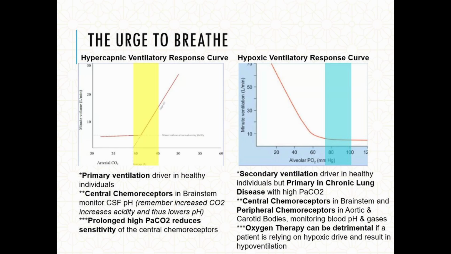Remember that when we have more carbon dioxide in the blood, it dissociates into hydrogen ions, so when we think of CO2 increasing in the blood, we think of increasing acidity, which will drop our pH. I'll say that again: as CO2 increases, we think increasing acidity, which reduces pH.